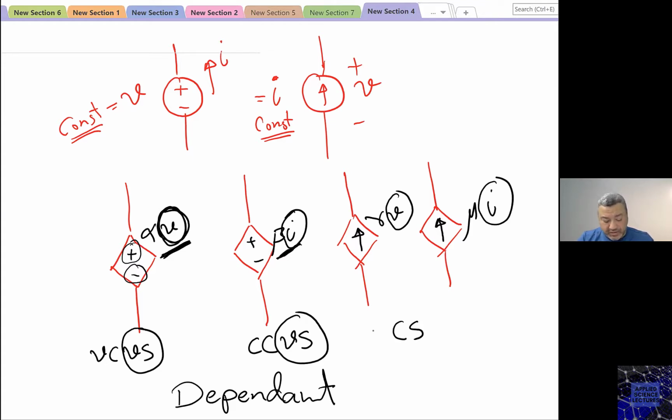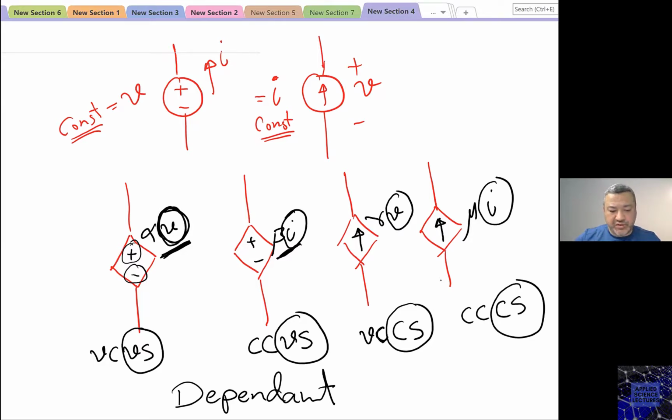However, it is a voltage controlled current source, or current controlled. Okay, so we have 4 types of dependent sources.